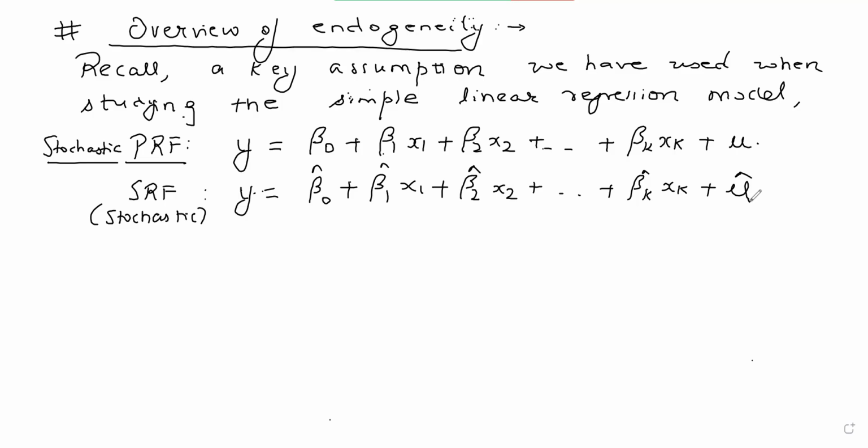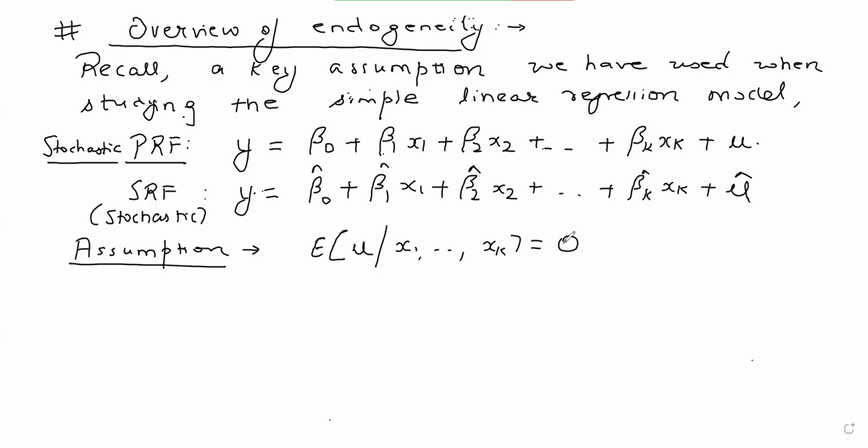The key assumption we had made was that the expected value of the population error term conditional on my regressors x1 to xk is equal to 0.